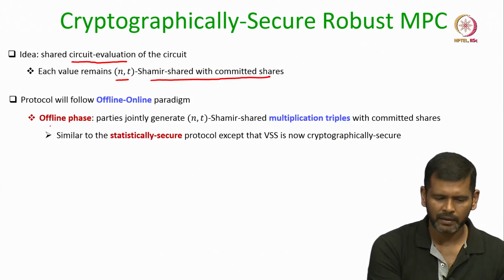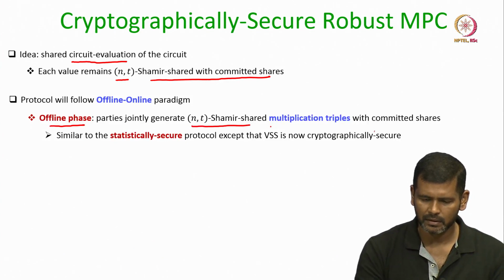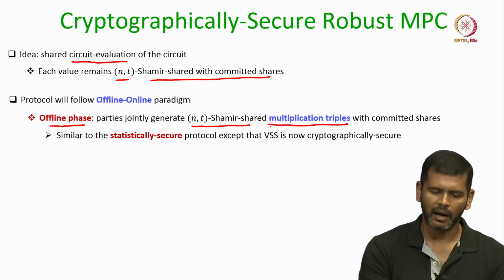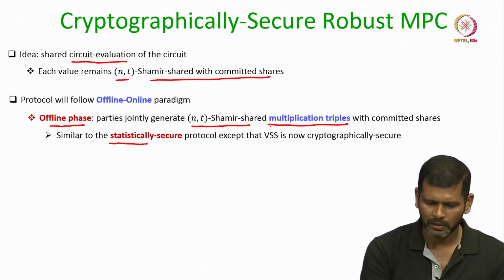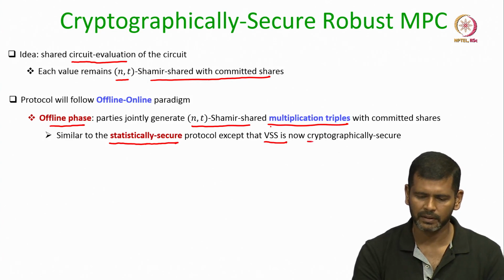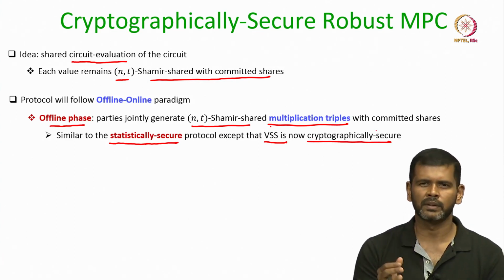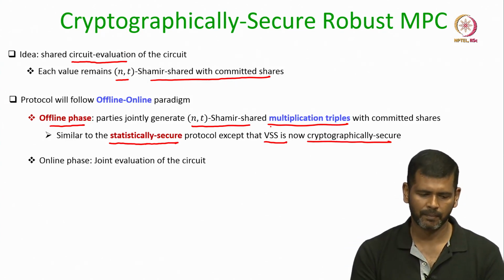In the offline phase, the parties can jointly generate secret shared multiplication triples with committed shares, and this protocol will be similar to the statistically secure protocol for the offline phase, except that the VSS is now cryptographically secure. The rest of the components like triple transformation, polynomial verification, triple sharing, all of them remain the same.